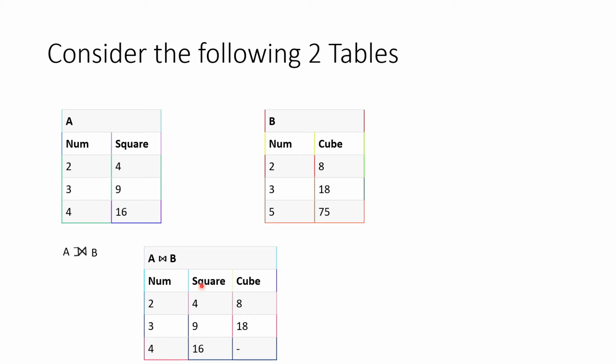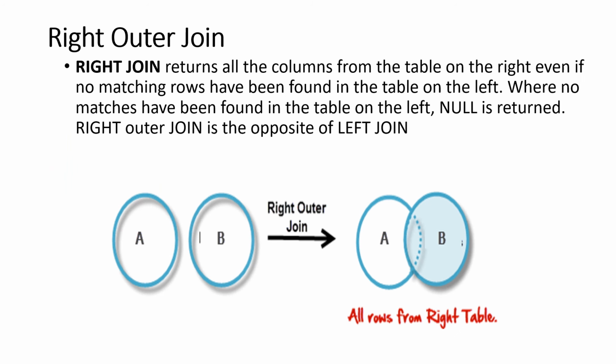If we have values for the next two columns, square and cube, we will take these two columns. But if we do not have any value corresponding to this value, we will leave it as it is, but we will take all the rows. Every row will be from the left side table.